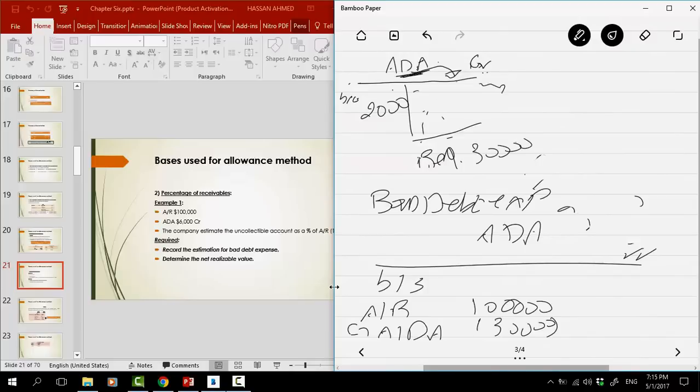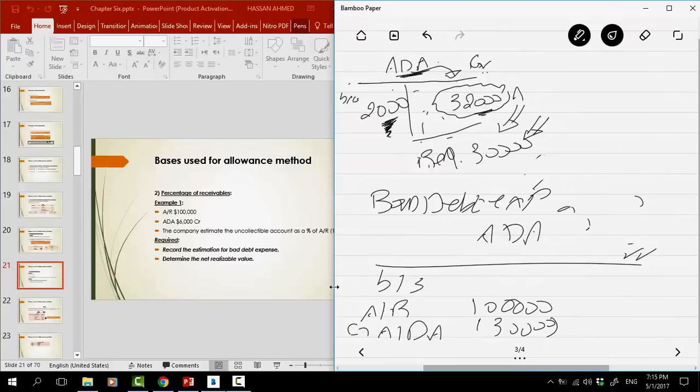Then how much will be recorded to go from 2,000 debit to 30,000 credit? $32,000. Why 32? 2,000 to cancel the wrong estimation, the $2,000, and 30,000 to record the new estimation, which is $30,000.